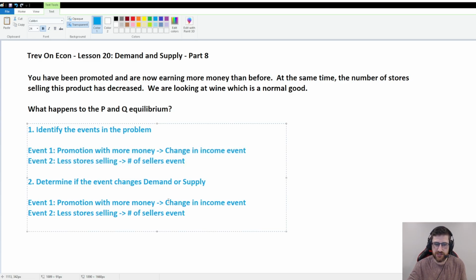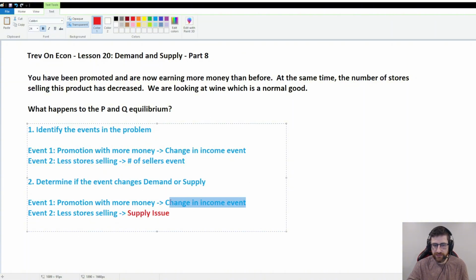Because we were able to match it to these different things, that basically does it for us. However, we can also just mentally figure it out, right? One of them is stores selling. Well, selling is clearly going to be a supply issue, right? We're literally talking about sellers. So it's got to be a supply issue.